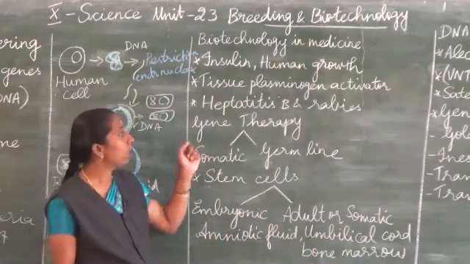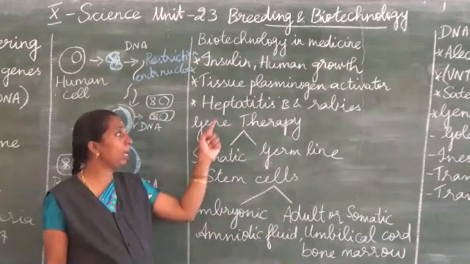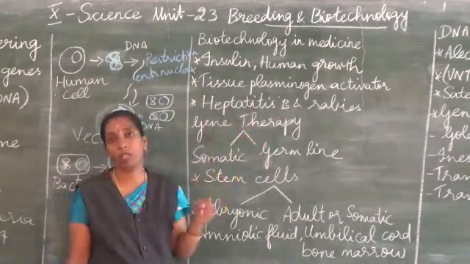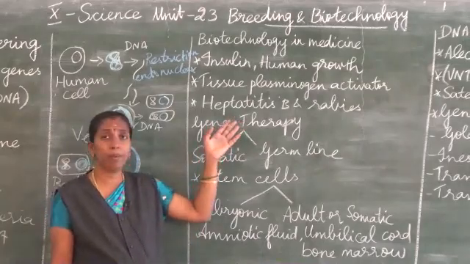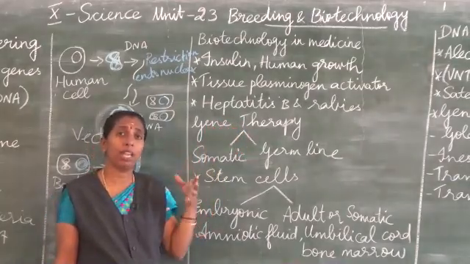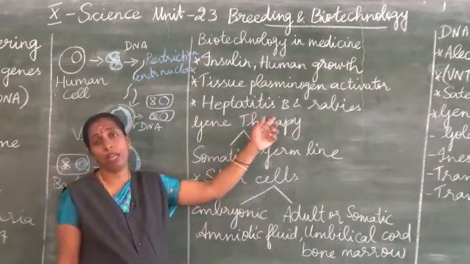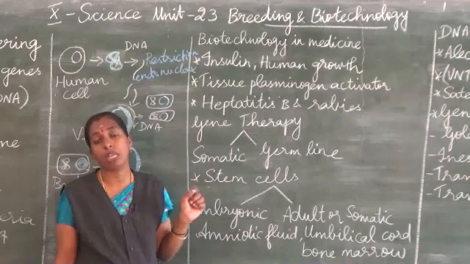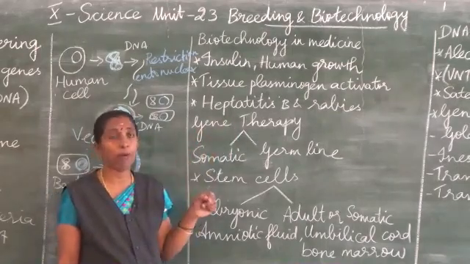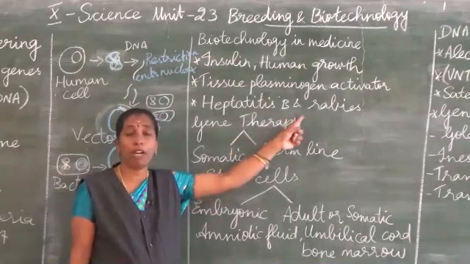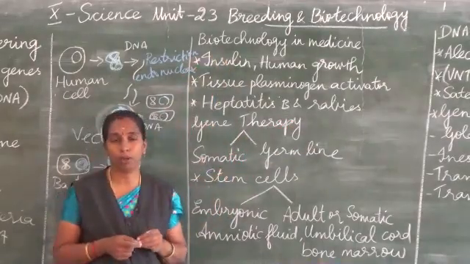Next one is vaccines, for diseases like hepatitis B. There are numerous diseases like hepatitis A, jaundice. Mainly the hepatitis B virus causes liver disease, and vaccines can be produced for that. And for rabies, a vaccine is also produced using biotechnology principles.